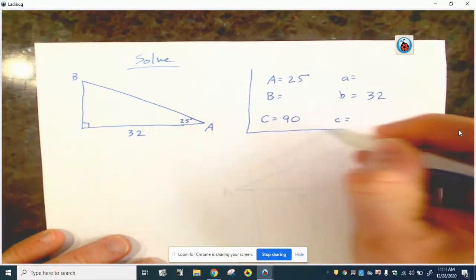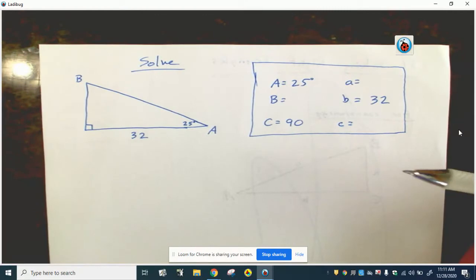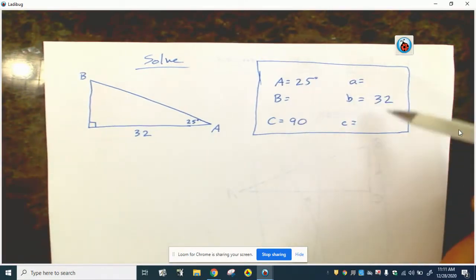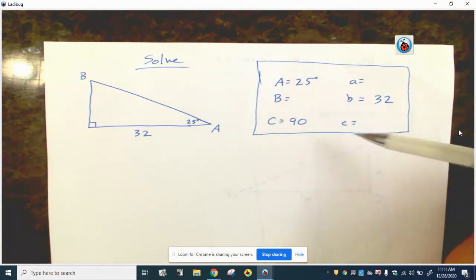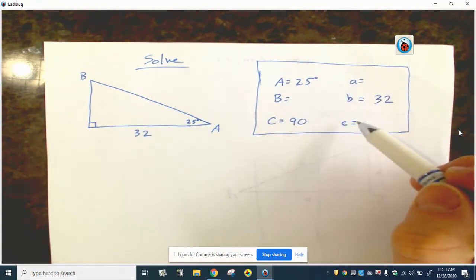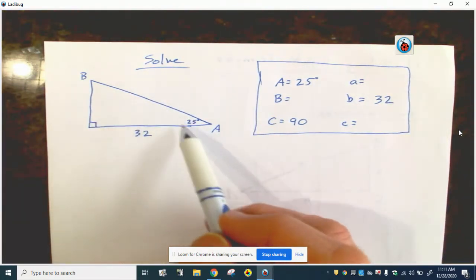I'm going to ask you to write your answers like this, okay? And I do that for a couple reasons. One, all your angle measurements are here, all your side measurements are here because they're uppercase and lowercase. It makes it easier on my part to grade because when you put your answers in here, sometimes they get really hard to read.